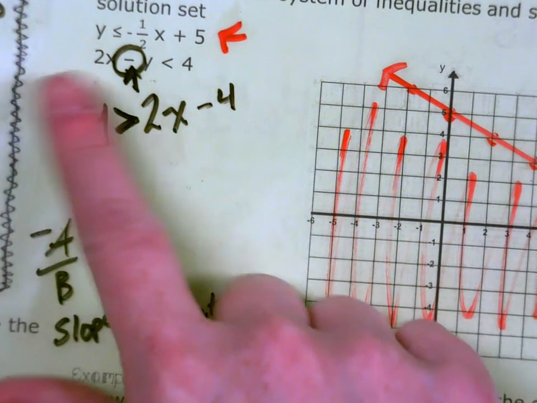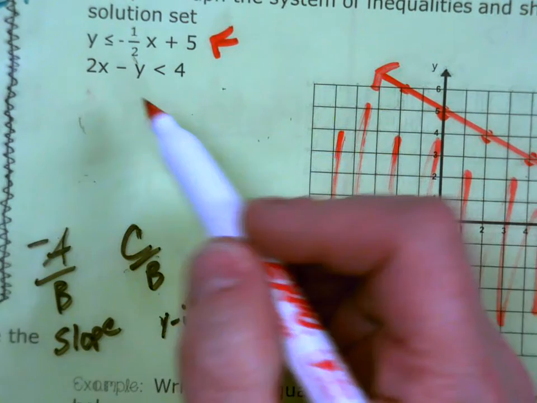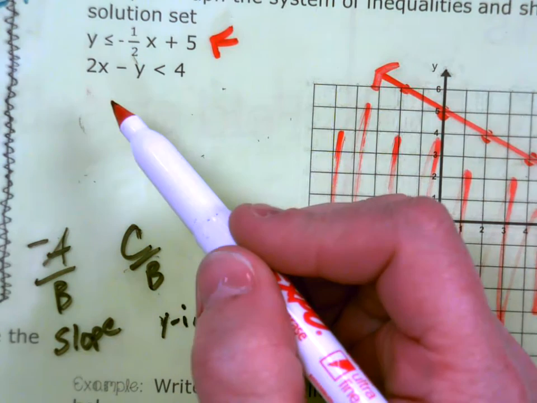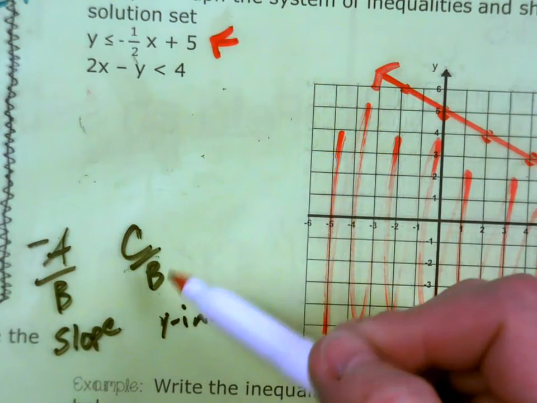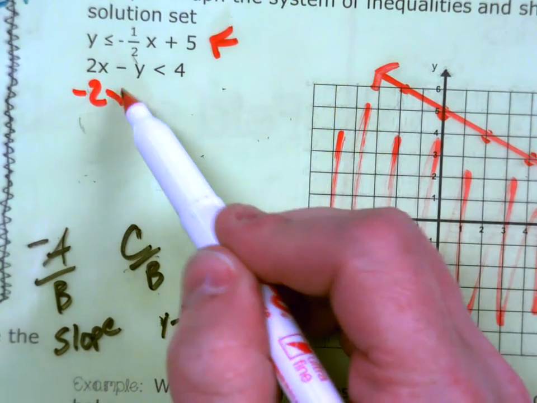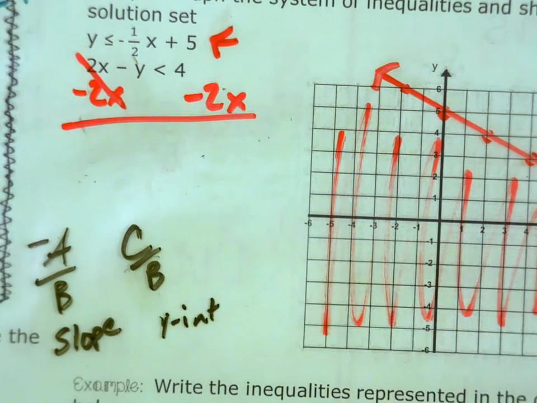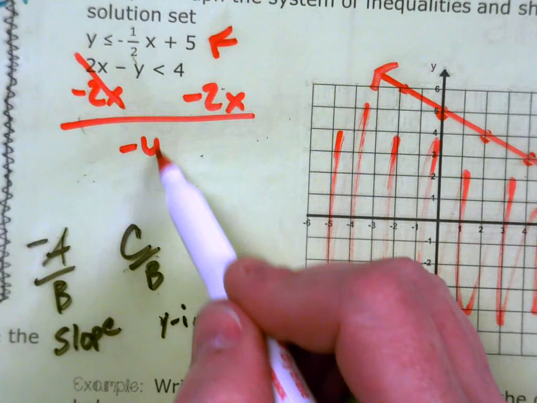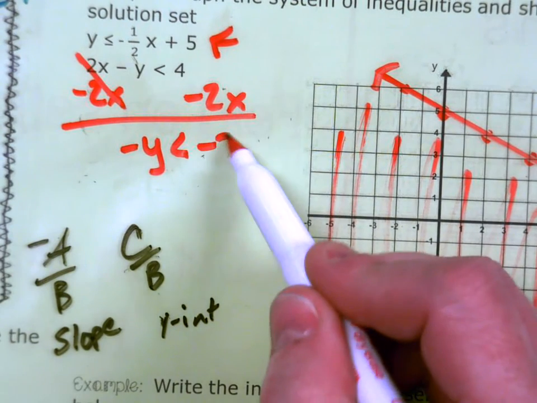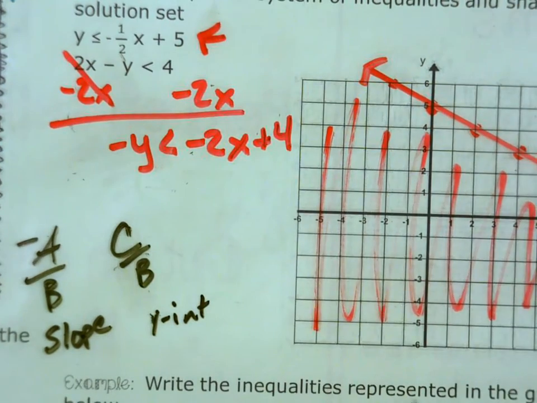Okay, so I'm going to erase this final answer right here for just a second. And if you don't remember the shortcut, then you can always work by just rearranging it. Subtract the 2x from both sides, and we've got negative y is less than negative 2x plus 4.